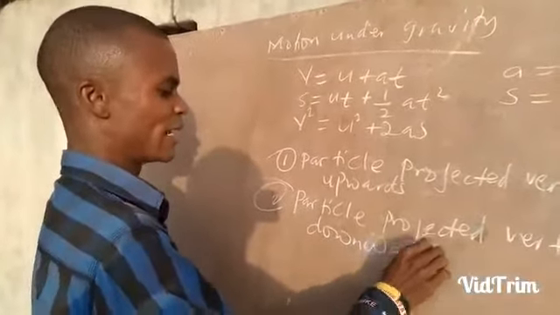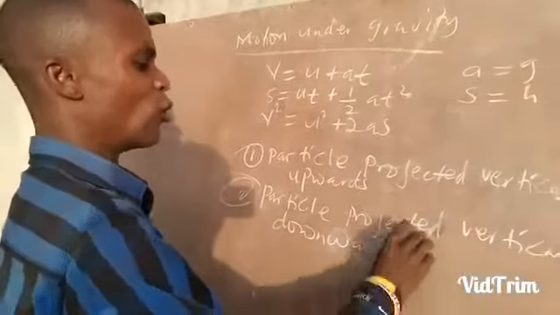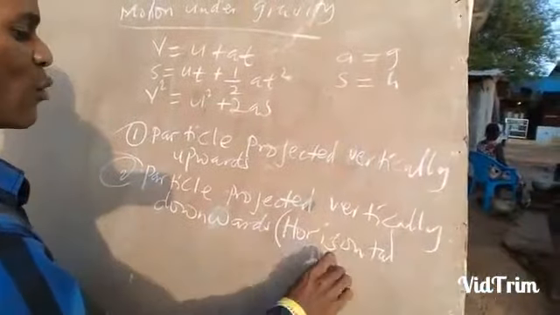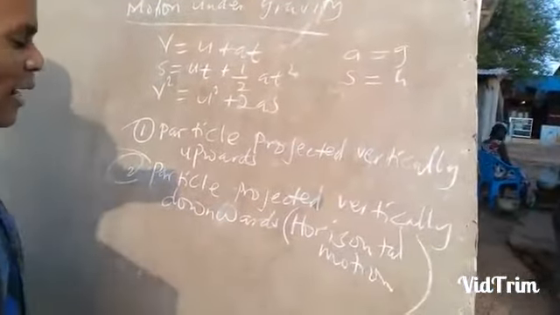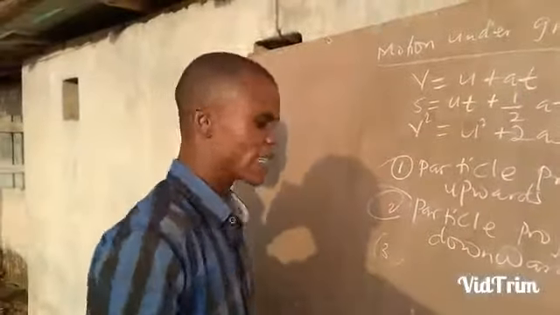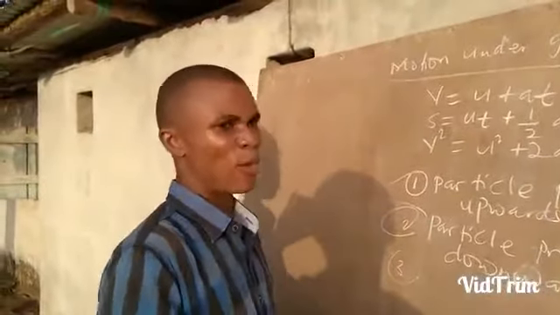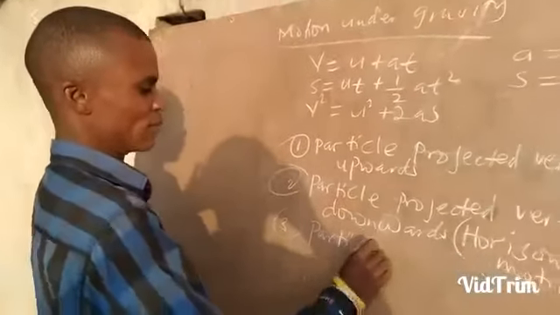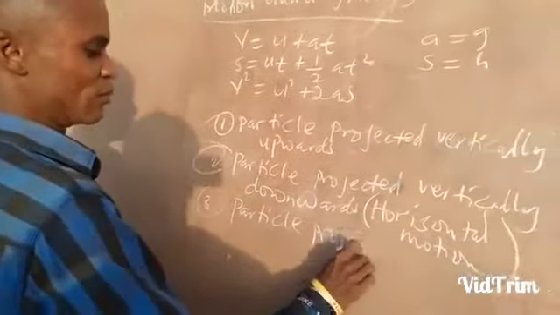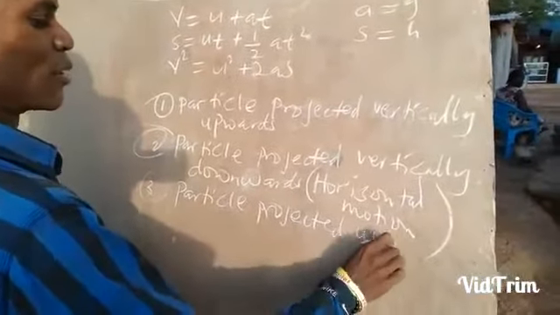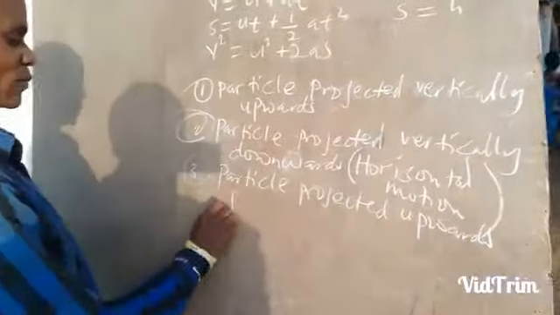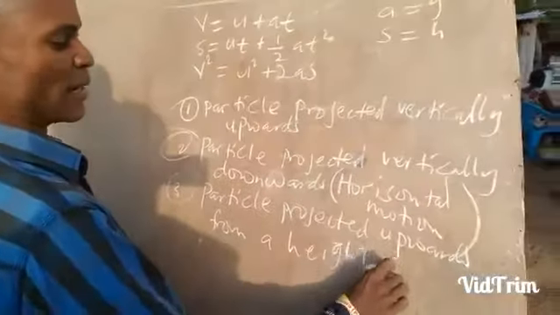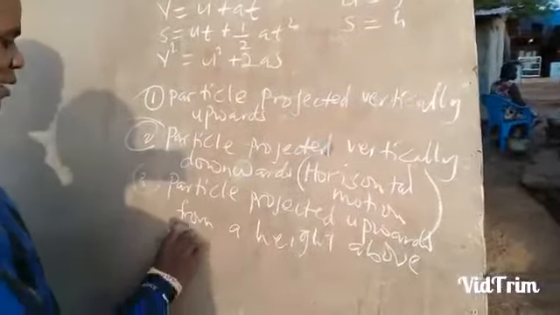Particle projected vertically downwards, which sometimes we call horizontal motion. The other case you should try as much as possible to know is particle projected upwards from a height above the ground.